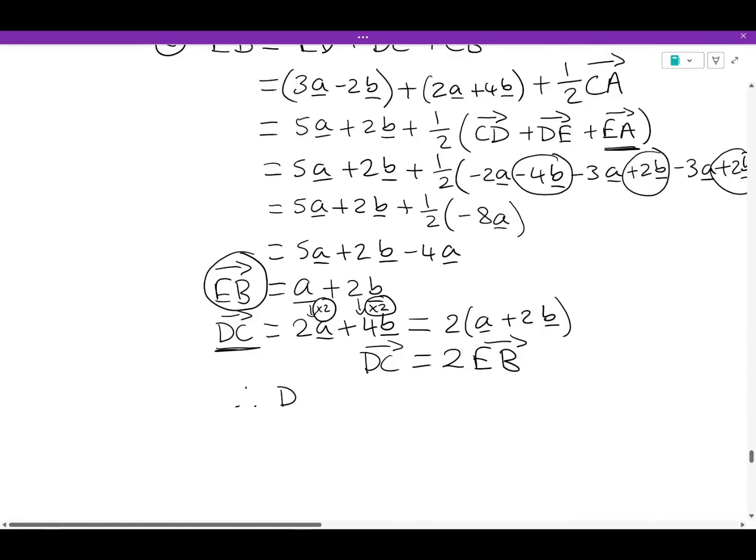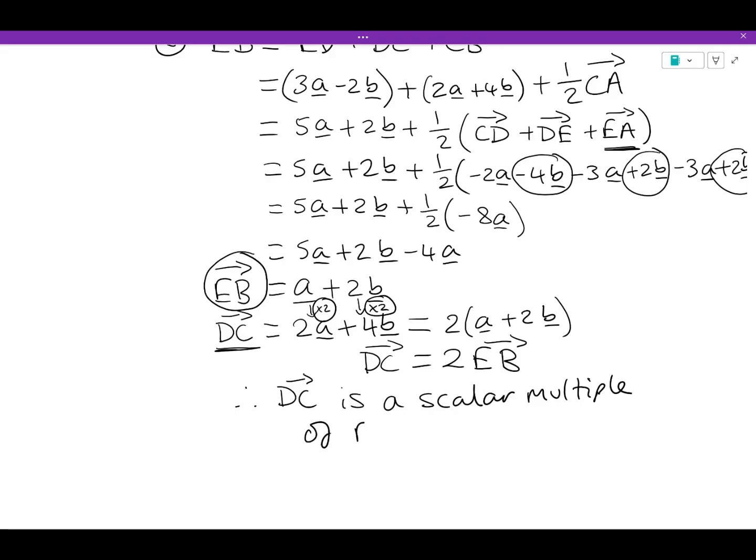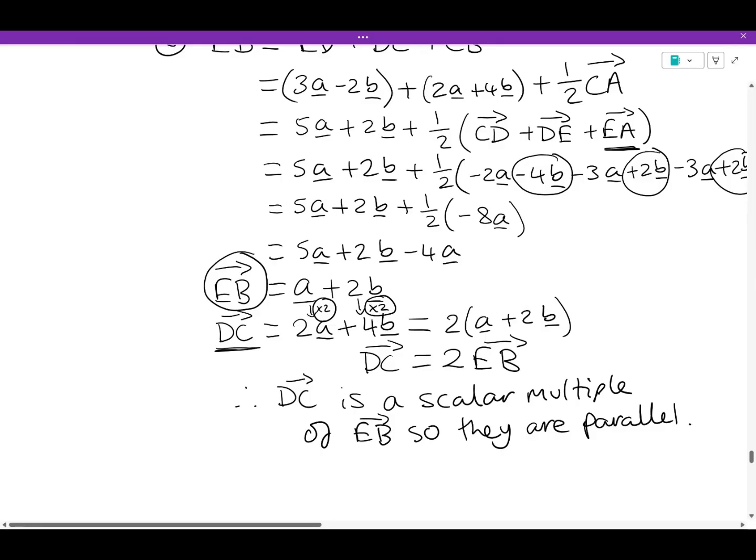Therefore, D to C is a scalar multiple of E to B. So they are parallel. And that is a complete proof.